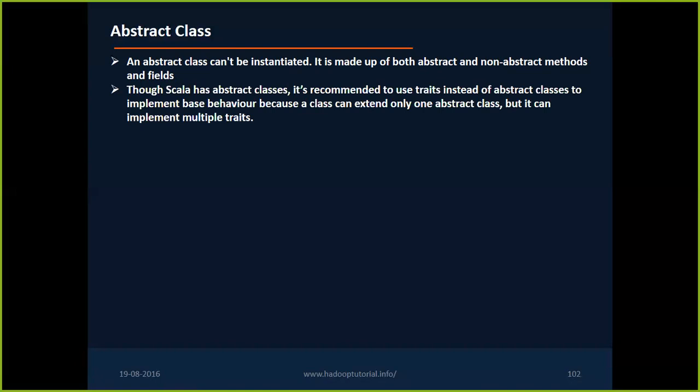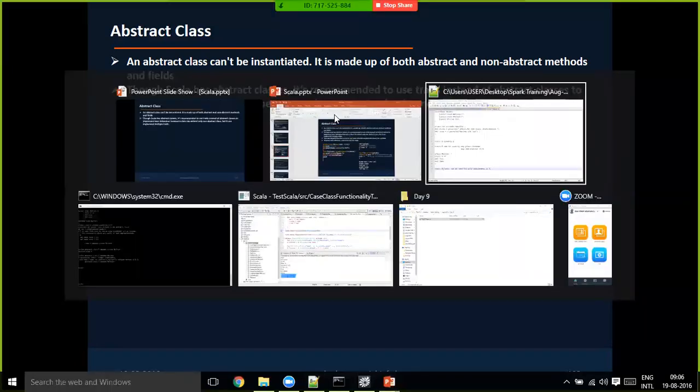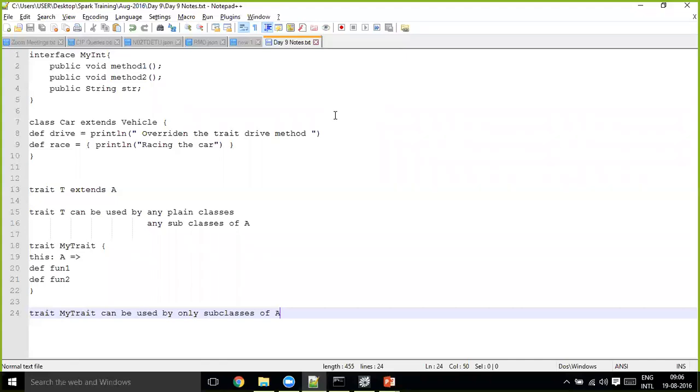But implementing multiple interfaces is supported in Java. Similarly, implementing multiple traits is supported in Scala. And extending multiple classes is not supported in Java. The same way, extending multiple classes is not supported in Scala.